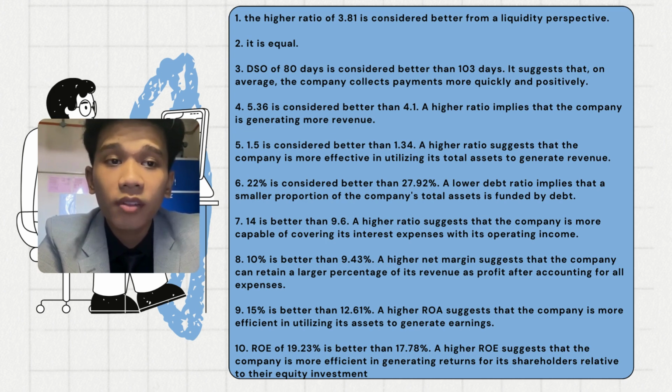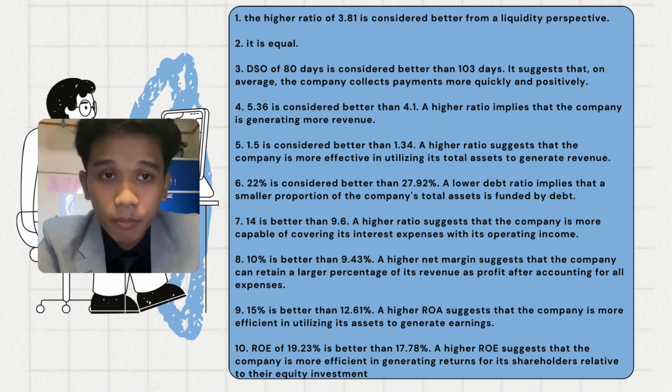A higher ratio suggests that the company is more effective in utilizing its total assets to generate revenue. Number 6, 22% is considered better than 37.92%. A lower debt ratio implies that a smaller proportion of the company's total assets is funded by debt.